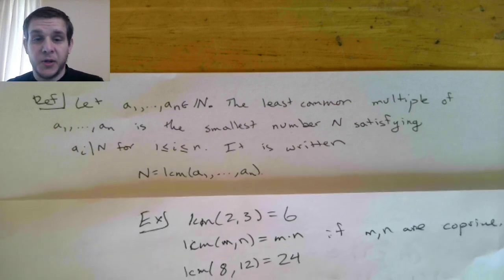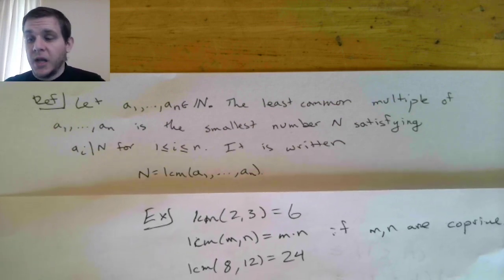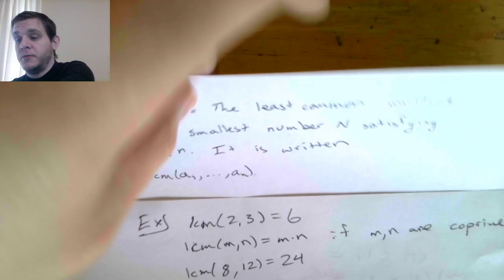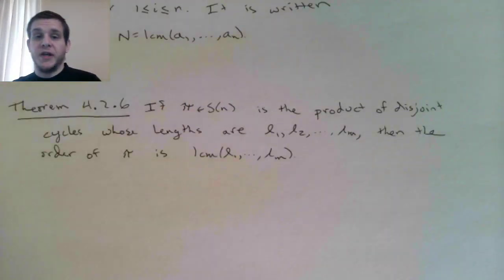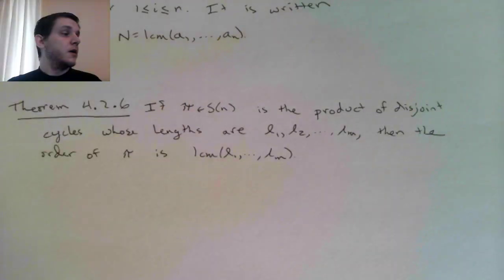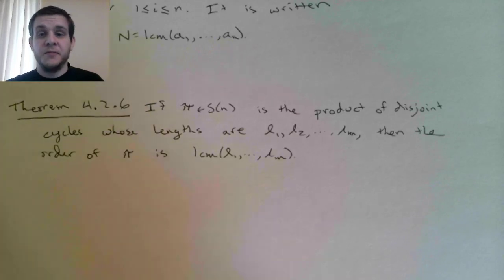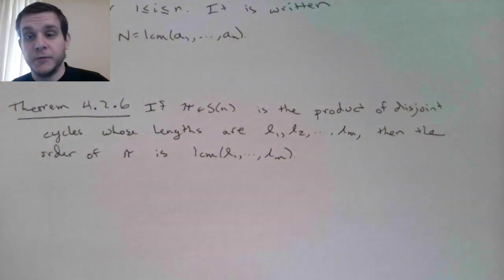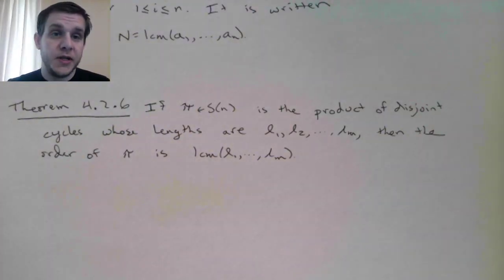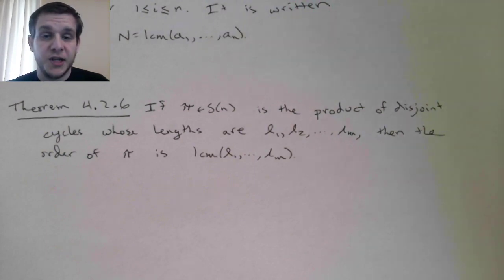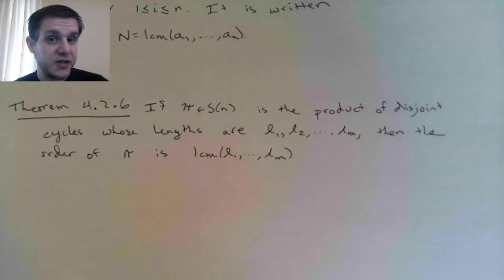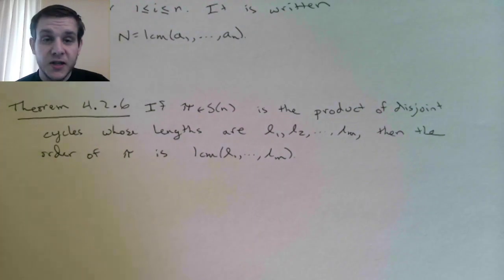So this is the least common multiple. And how does it appear right now? Well, it tells us what the order of a symmetric group element is from its cycle structure. So already we're seeing benefits of using the cycle structure, writing a permutation using cyclic notation, because it's very easy, if you see the cycle structure, to read off the order of the permutation.